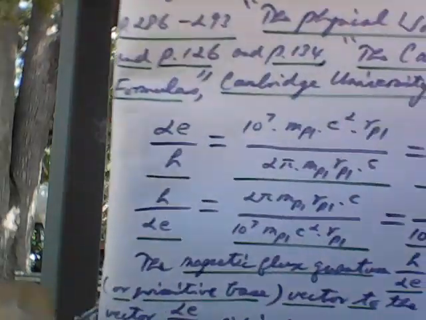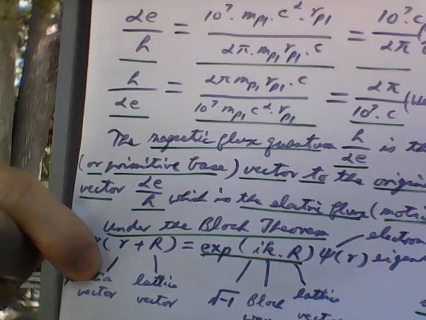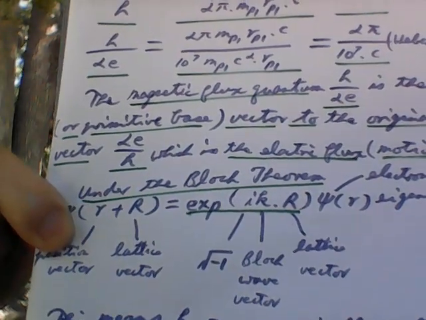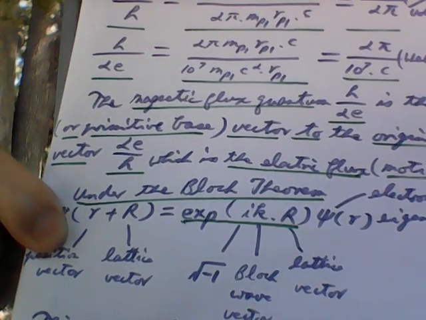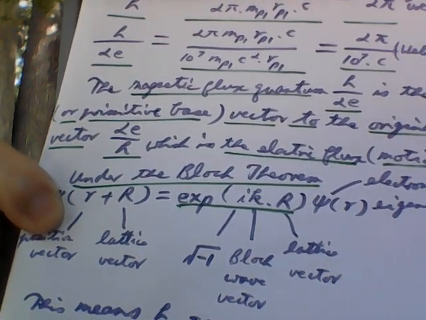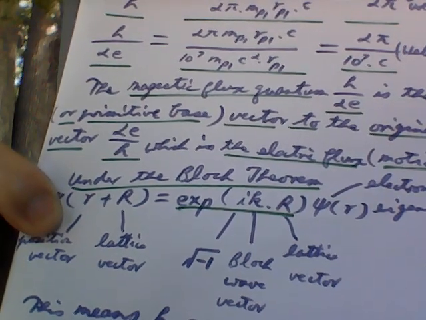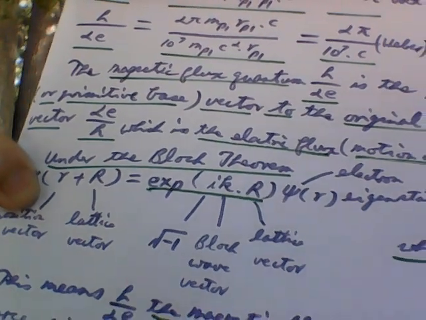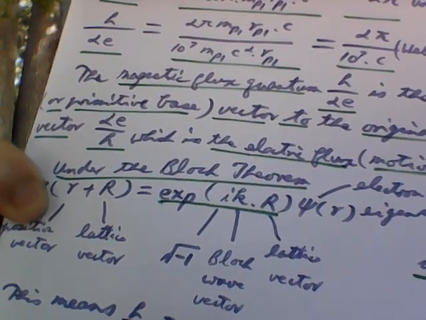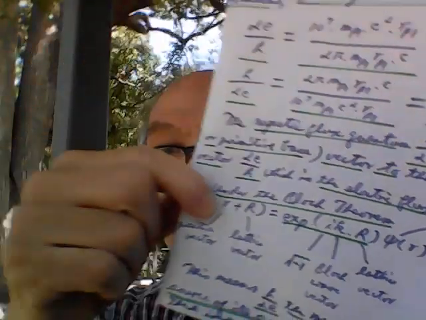And that is equal to the right-hand side, exp, which means the exponent of ik. I is just the square root of -1. K is just the Bloch vector, or the reciprocal lattice vector. And R is the original lattice vector, multiplied by the psi function of the position vector.